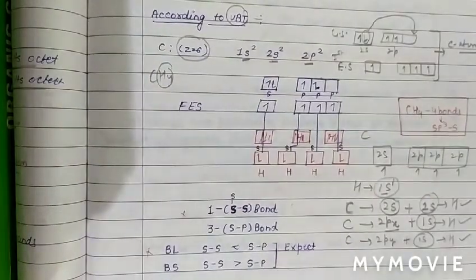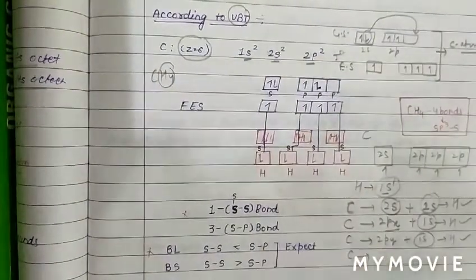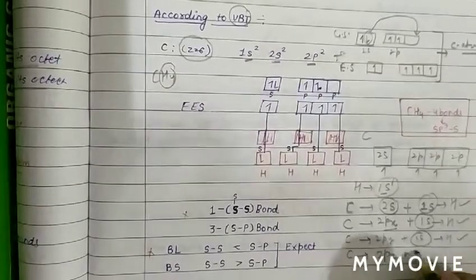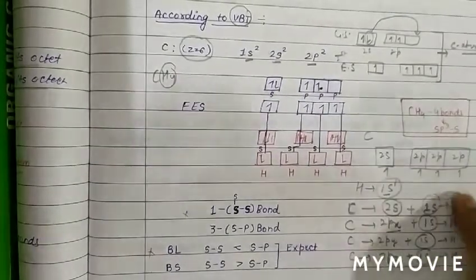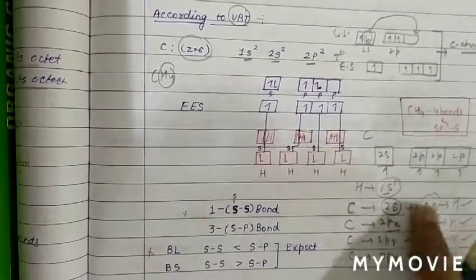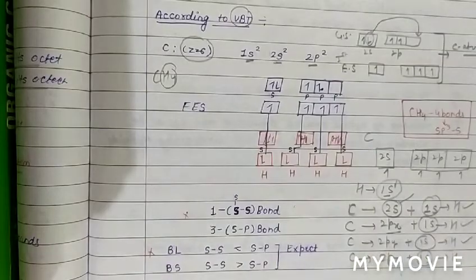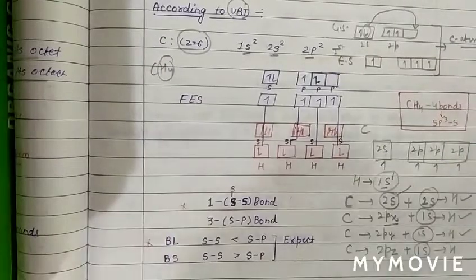We have another carbon orbital, 2pz, and a hydrogen atom having 1s. Now all the hydrogens use their unpaired electrons in bond formation with 2s, 2px, 2py and 2pz. So basically 4 bonds are formed.